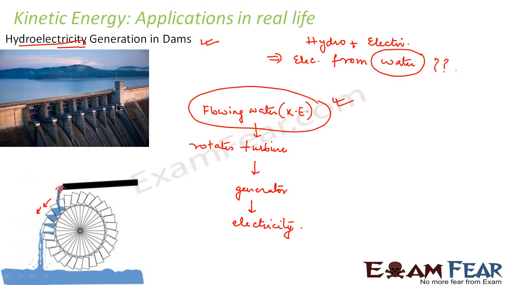So you also understood why dams are constructed. Dams are constructed so that a huge amount of water gets accumulated, which will come down at a very high velocity, because the higher the velocity of the water, the higher will be the speed of the rotation of the turbine, and in turn the generator will also be rotated and thus electricity will be generated. So that is how kinetic energy is useful in generation of electricity.